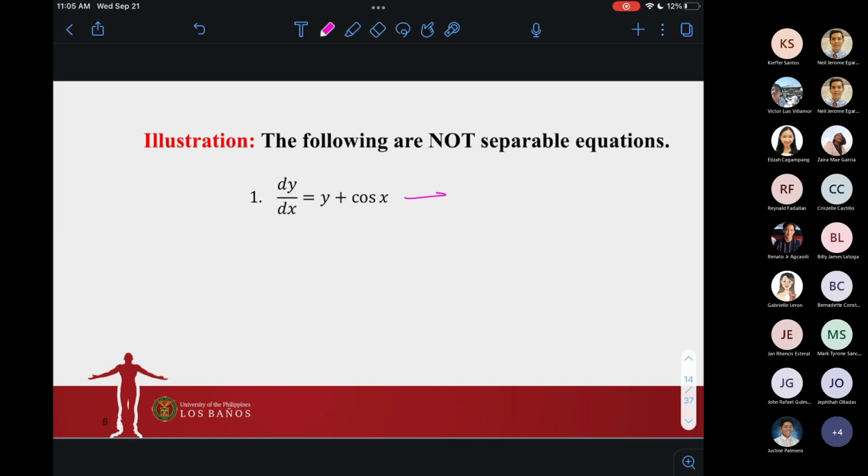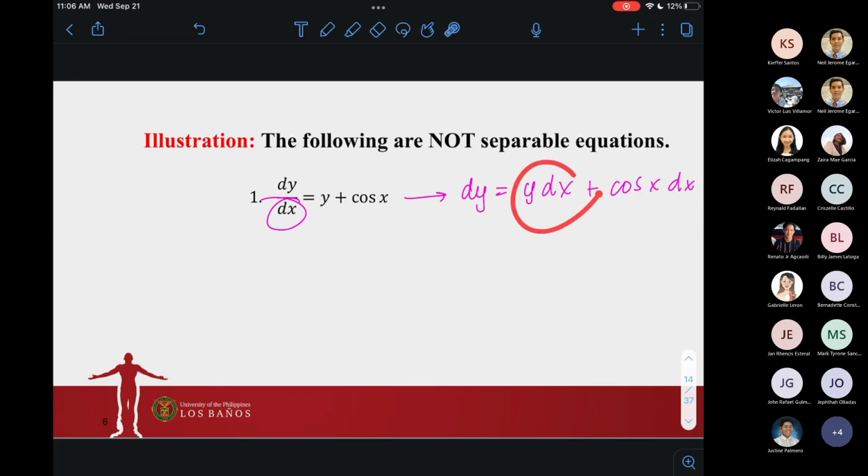Okay, pwede rin naman ang gawin mong solution attempt ay multiply both sides by dx. Separate mo na to kagad kasi anyway, that's what you will do at the end. So pag ginawa mo yun, dy equals y dx plus cosine x dx. The problem here is you still have the variable y intertwined with the variable x.